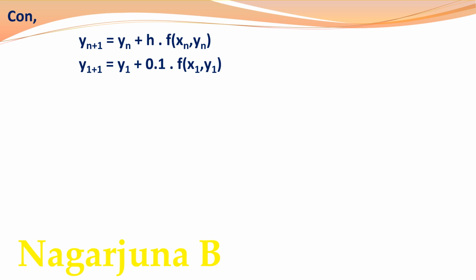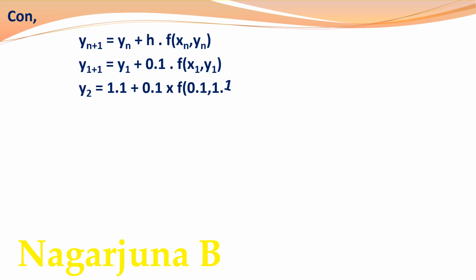1 plus 1 is 2. Therefore we can write y2 is equal to the y1 value, which is 1.1, plus h, which is 0.1, into f of x1 comma y1. x1 is 0.1 and y1 is 1.1.